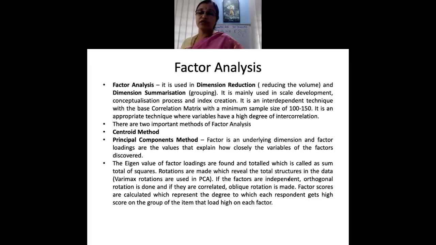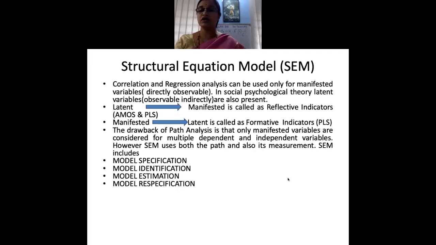Now for factor analysis, again, you have exploratory factor analysis and confirmatory factor analysis, which can also be done, especially when it comes to your scale development. So these are new areas which a researcher can explore when it comes to either doing a research paper or if you want to do a thesis. So this is one very important model which I would like to state.